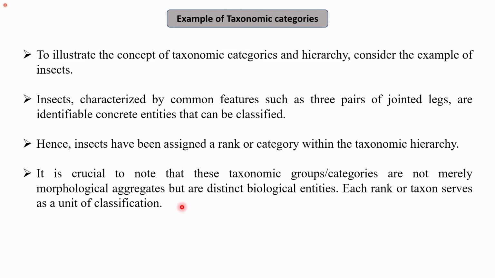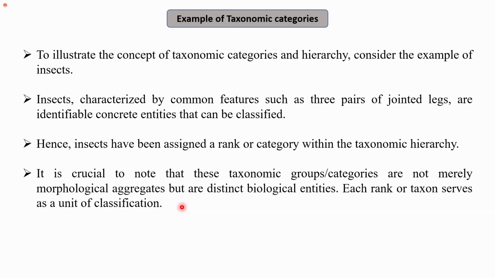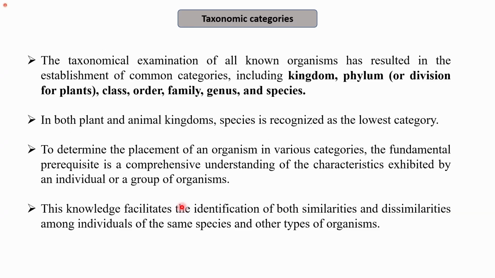So now we will learn about the different taxonomic categories that I was referring to, the different ranks or different taxa that we were studying. The taxonomical classification of all the known organisms has resulted in the establishment of common categories such as kingdom, phylum, which is also known as division in case of plants, class, order, family, genus, and species.